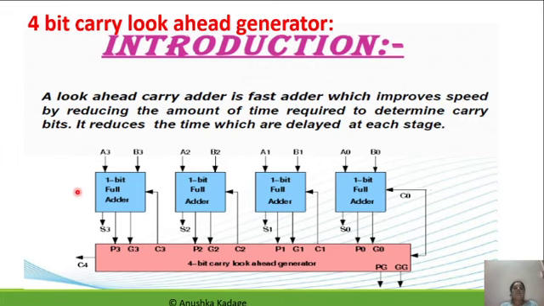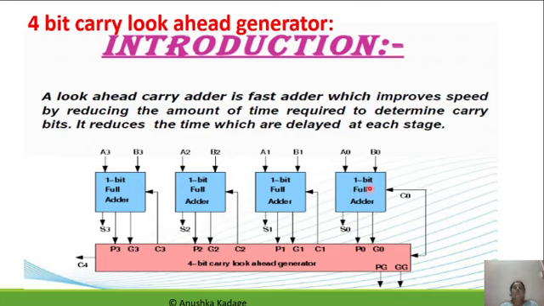In this case, first we will go through the block diagram of that 4-bit parallel adder. As in the previous parallel adder, a separate full adder will be provided for adding the individual bits from the two numbers.